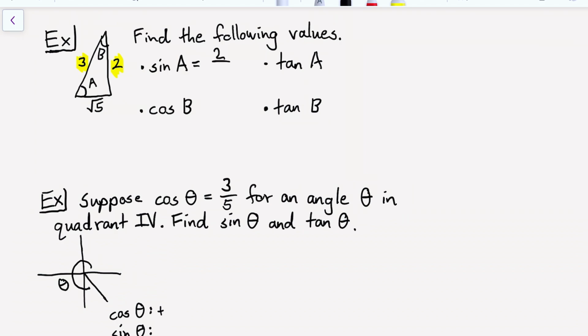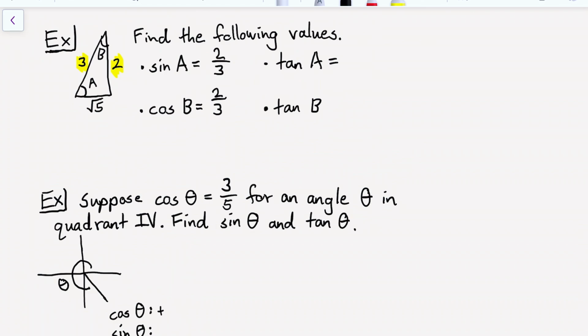So sine of A equals 2/3. Cosine of B is the adjacent leg to B divided by the hypotenuse. Adjacent leg to B is 2 and the hypotenuse is 3. So we're seeing here that sine of A and cosine of B are actually the same thing for angles A and B on the same triangle.